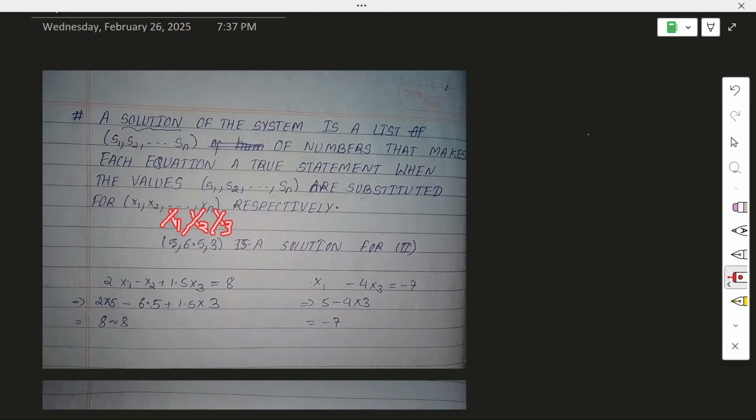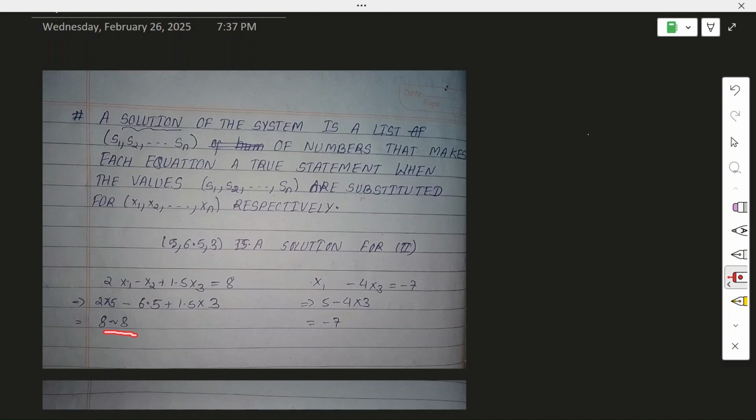So we will substitute them for x1, x2, and x3. Now does this solution satisfy this equation and this equation? They are both from the system we discussed previously in number 2. If we substitute 5 for x1, 6.5 for x2, and 3 for x3, we get 5 times 2 minus 6.5 plus 1.5 times 3.